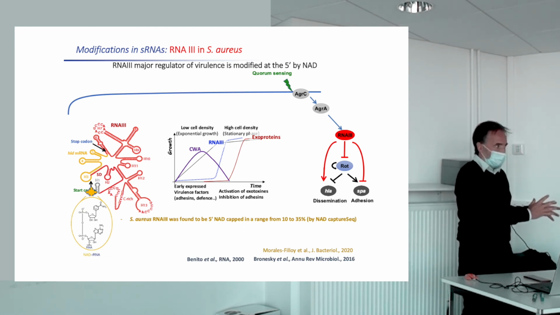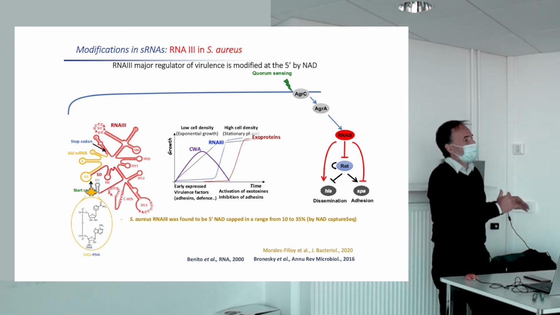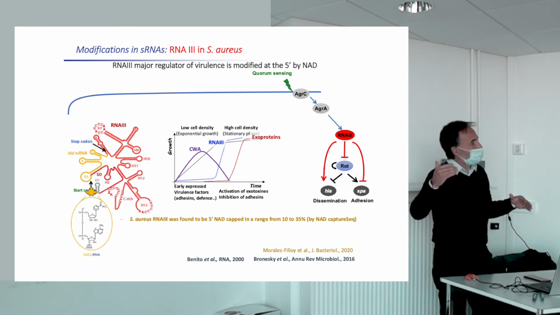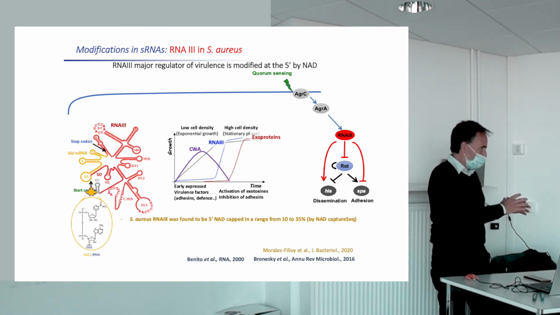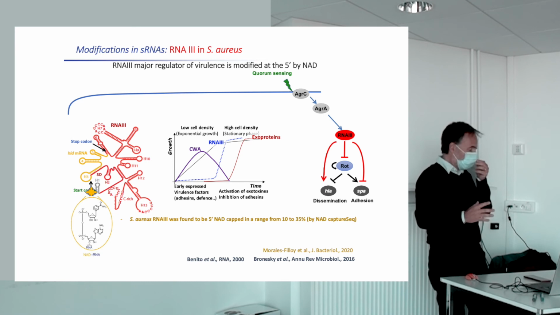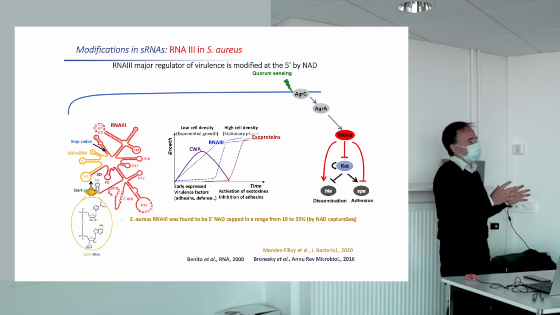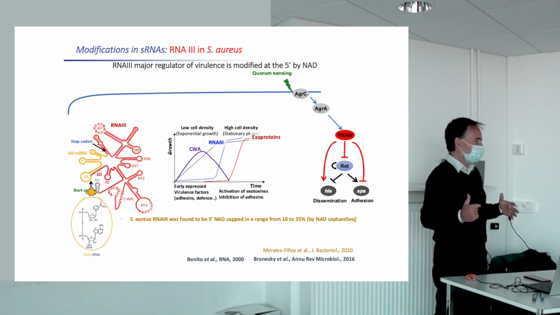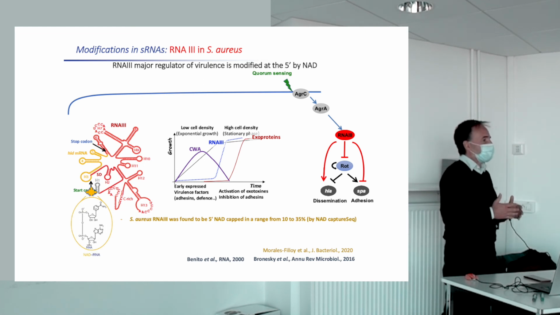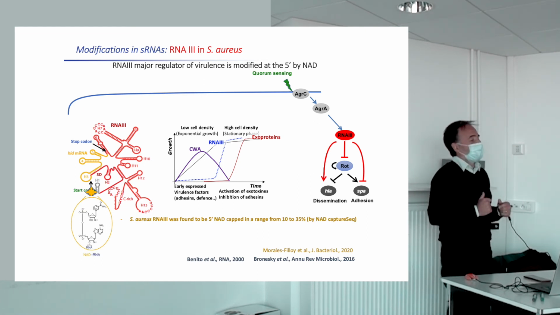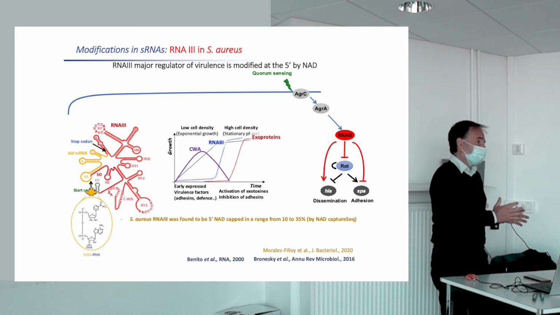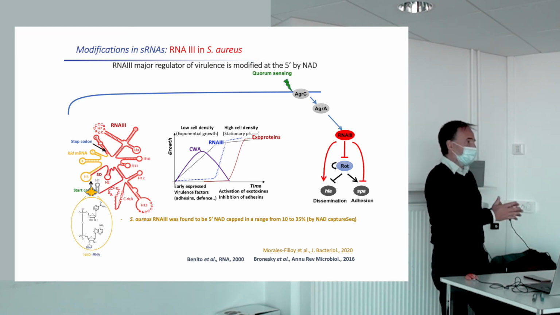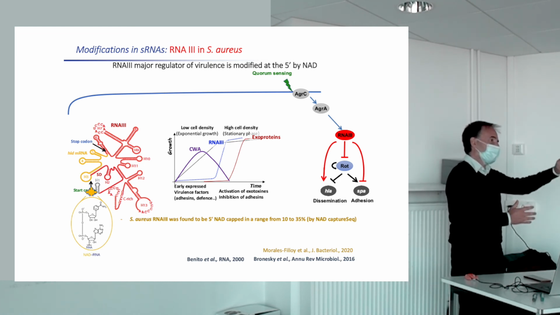By NAD, the main effect is a stabilization of the molecules that are modified with the NAD. In E. coli, we know that the main RNase that is important for RNA degradation is the RNase E, and the RNase E needs a substrate, an RNA molecule that is monophosphate at the 5'.